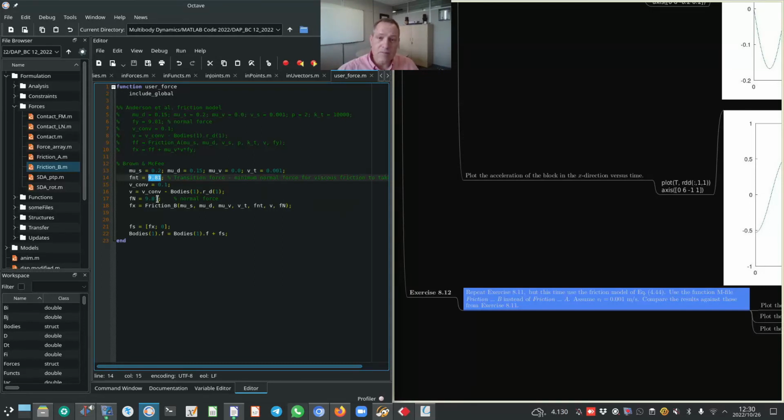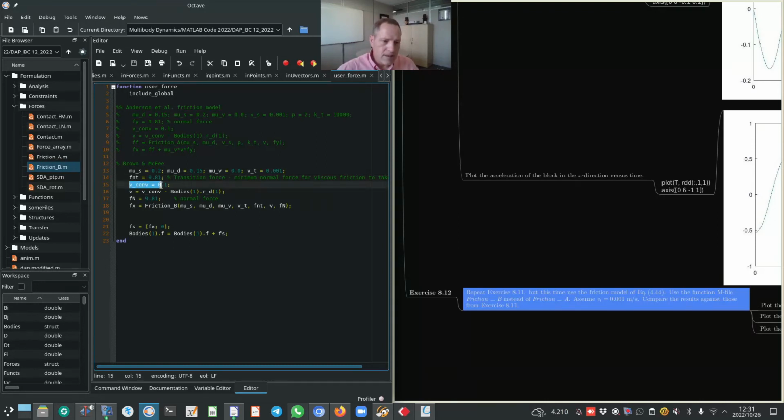If you remember, the block weighs 1 kilogram. Our gravitational acceleration is 9.81 meters per second squared, so the normal force is 9.81 newtons. What we are investigating is what will happen if we make this transition force exactly equal to the normal force.